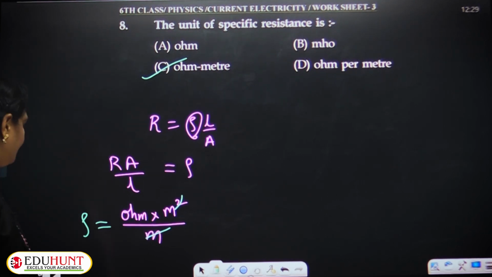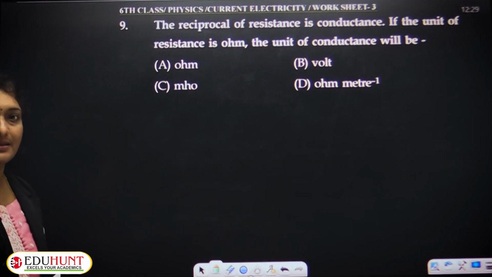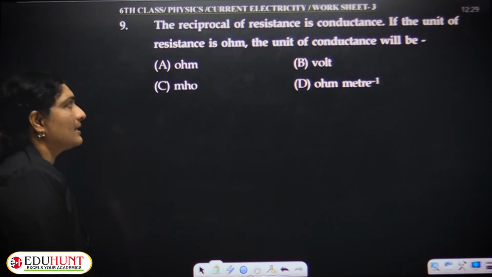Ohm meter. Well, to the next question, ninth one. The reciprocal of resistance is conductance. Of course, we know that the reciprocal of resistance is conductance.